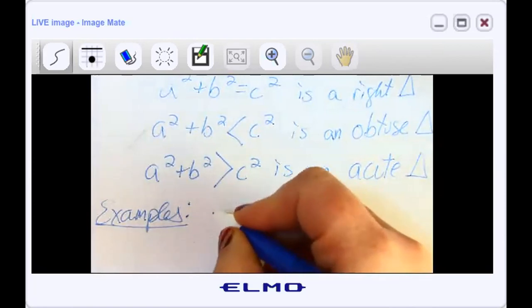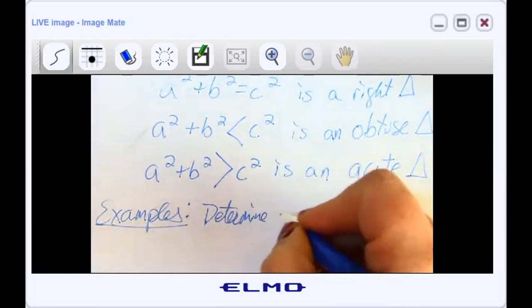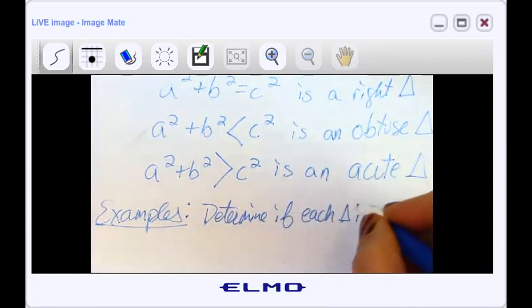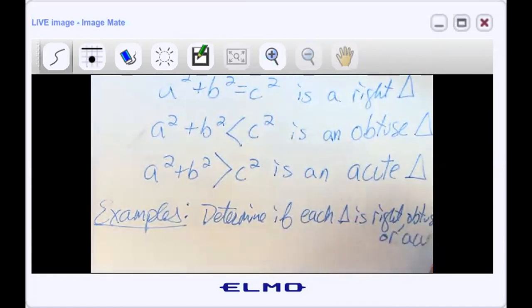Let's give some overall directions. Determine if each triangle is right, obtuse, or acute. So there's our three choices.